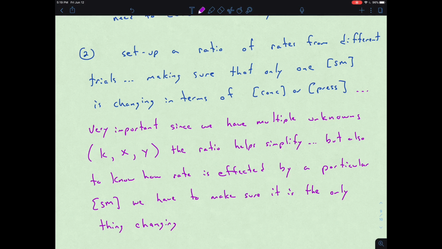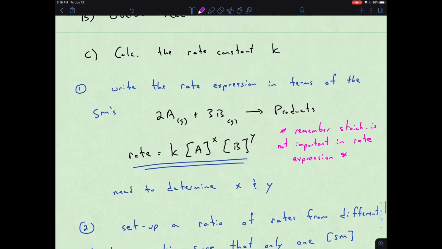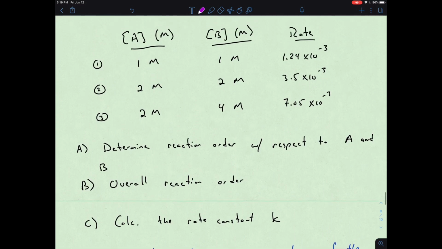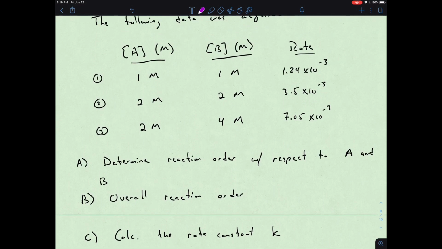So if I look back to my experimental data, I really want to compare trials 2 and 3 because only the concentration of B is changing. Right?